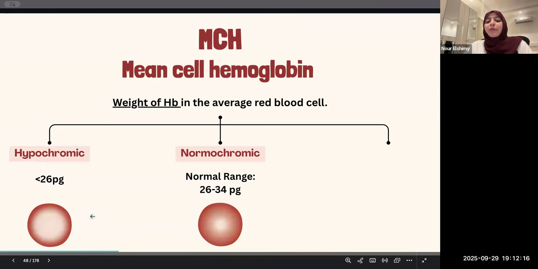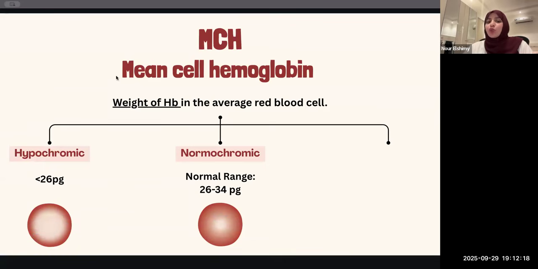If we have hypochromic and normochromic, do we expect to have hyperchromic, sorry? Do you guys think we have hyperchromic? No, right? Okay. Do you guys know why? Exactly. Good job.